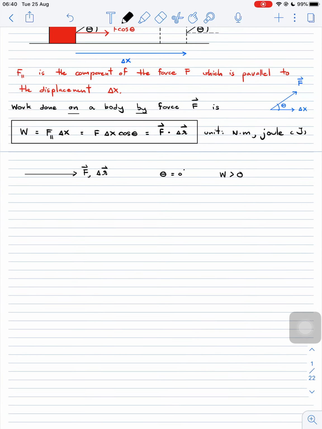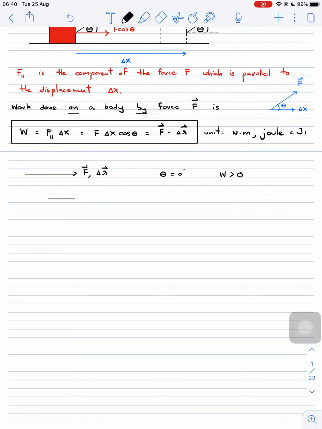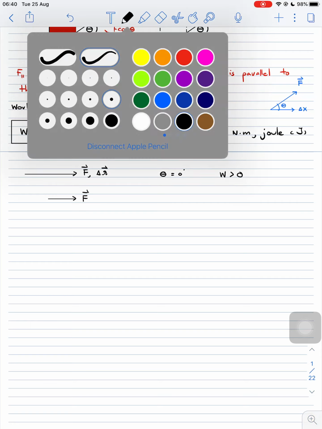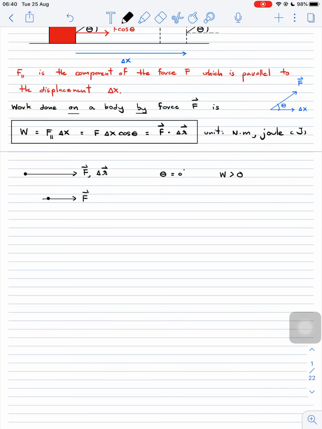That's the first case. But then if the force F and the displacement point in opposite directions, let's say this is the delta r, it means that the angle between these two must be equal to 180 degrees, and this can be the theta.